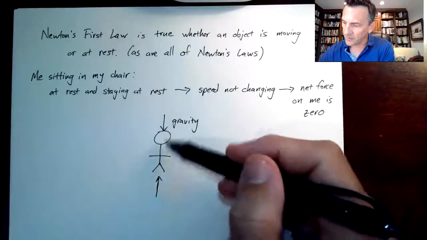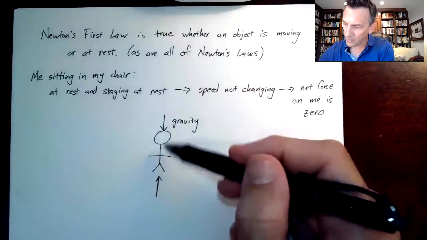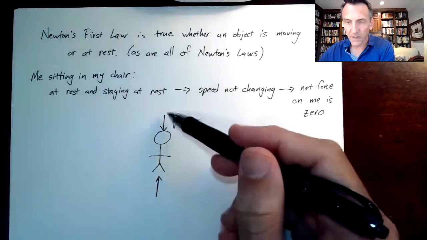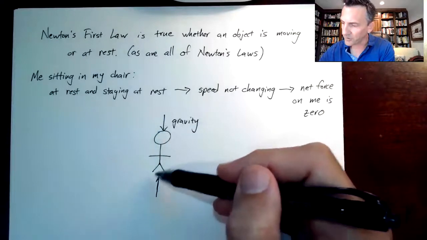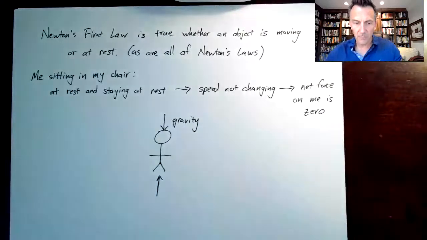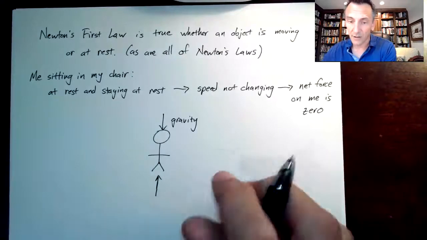So this is a stick figure of me, and the force of gravity is pulling down on me. But since the net force is zero, then there must be some upward force that is balancing the force of gravity. This upward force could be from the floor if I'm standing, it could be from the chair if I'm sitting. So the net force on me is zero, but there are still forces acting on me.